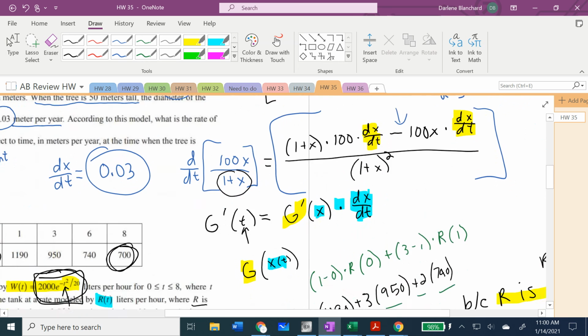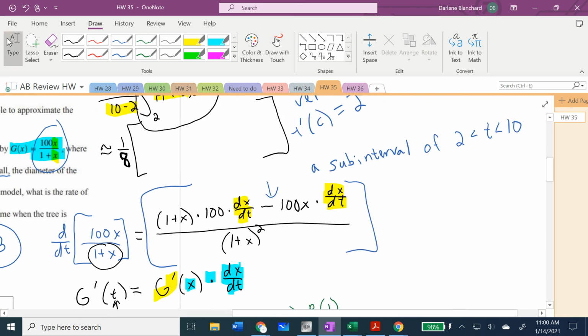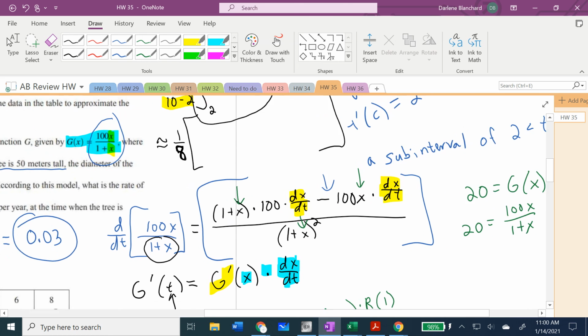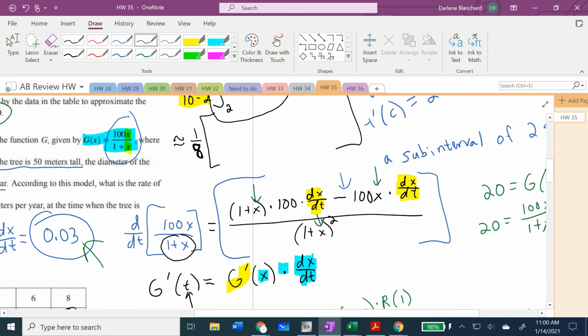So at the time when the tree is 50 meters tall, you are going to need to realize that's saying that G is equal to 20. You're going to have to take the function G of X, set it equal to 20, and solve that equation just to know what the X is that you're going to plug in to each of these X's. You already have dx dt, 0.03.